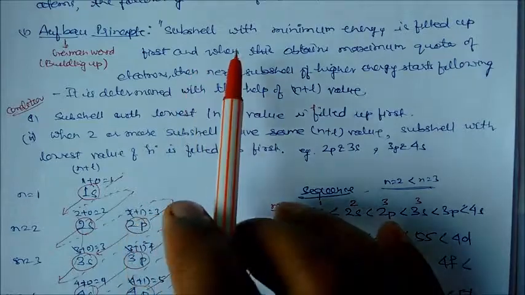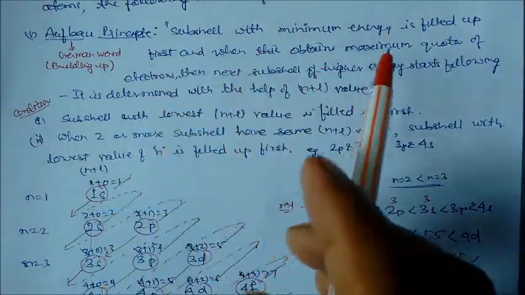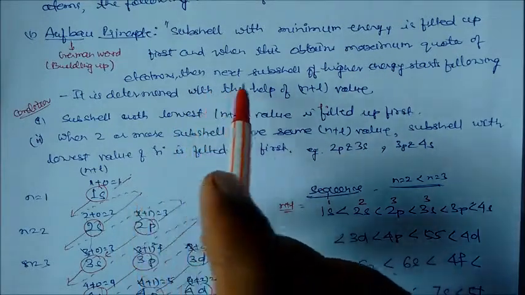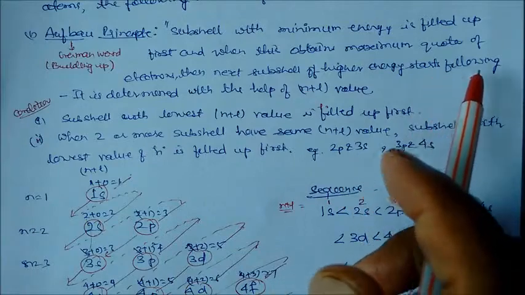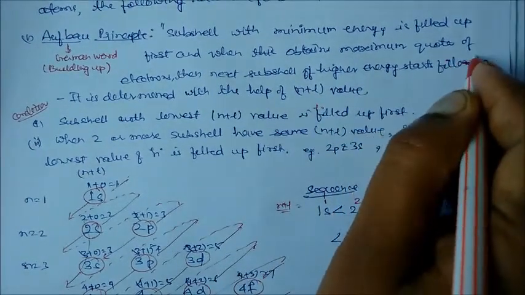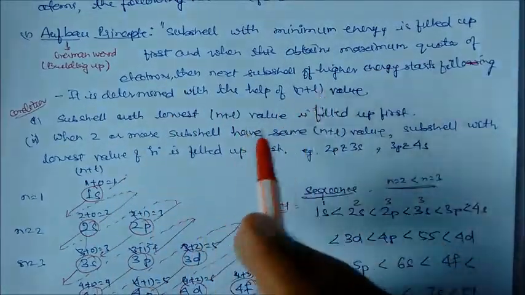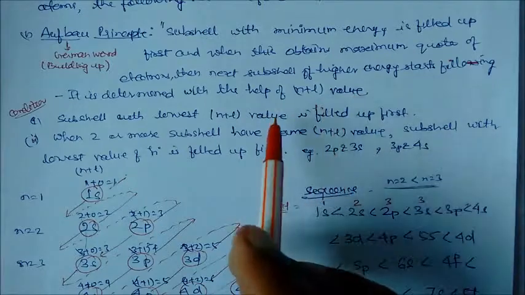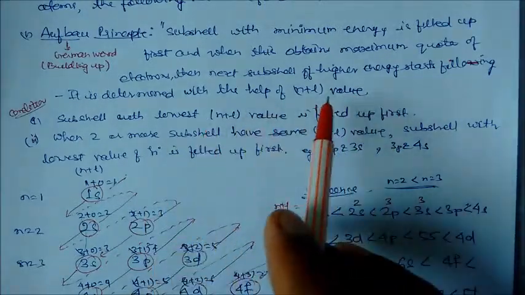A subshell with minimum energy is filled up first, and when this attains its maximum quota of electrons, the next subshell of higher energy starts filling. It is determined with the help of the n plus l rule that we have seen before, how we are filling the electrons.